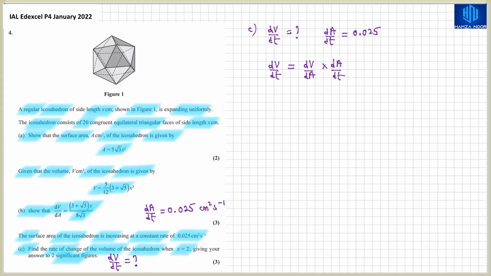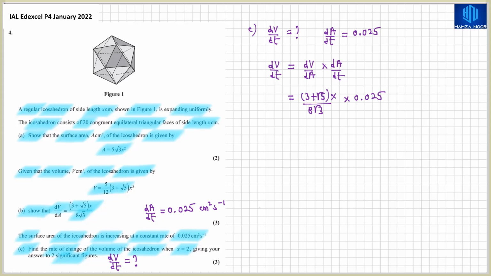So in order to find dV over dt, we are using the chain rule formula over here. So as we know, the dV over dA function is 3 plus root 5 completely multiplied by x divided by 8 root 3, and this will be multiplied by dA over dt, which is 0.025.